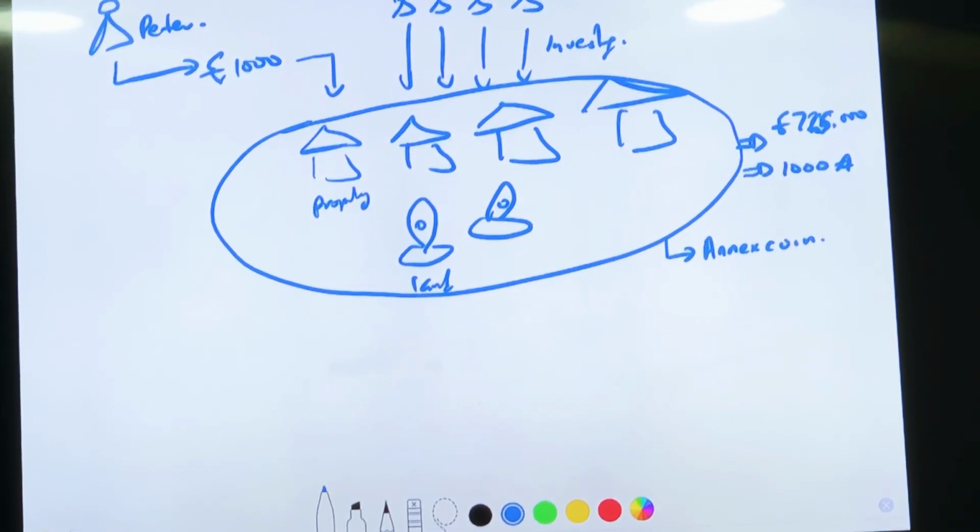Now, let us say that the real estate increases by 20%. That means that Peter's annex coin, so remember Peter invested, in fact let me make this clearer so make it easy for everybody. So Peter invested actually £765, okay, and that is £65 over here.